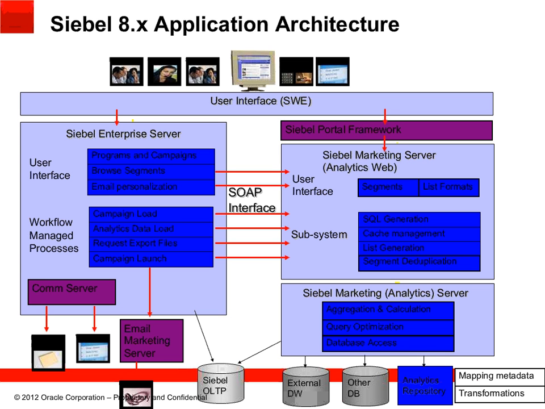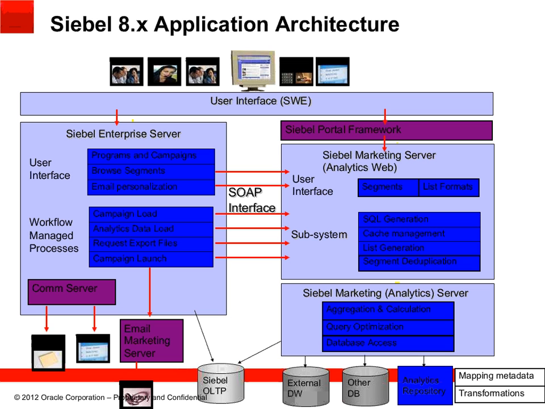We embed the user interface for segmentation and list export into the main Siebel UI using portal framework, exactly like Siebel Analytics and Dashboard and Answers. In the middle, you see the SOAP interface to allow Siebel server to interact with analytics web server. This allows the workflow process to request segment counts and list files from analytics server using SOAP requests.